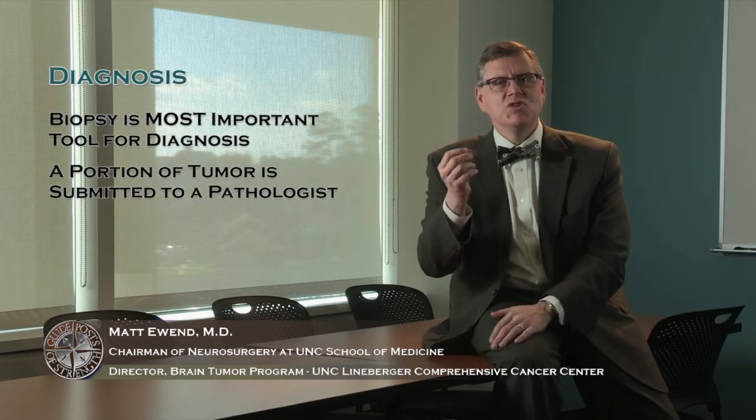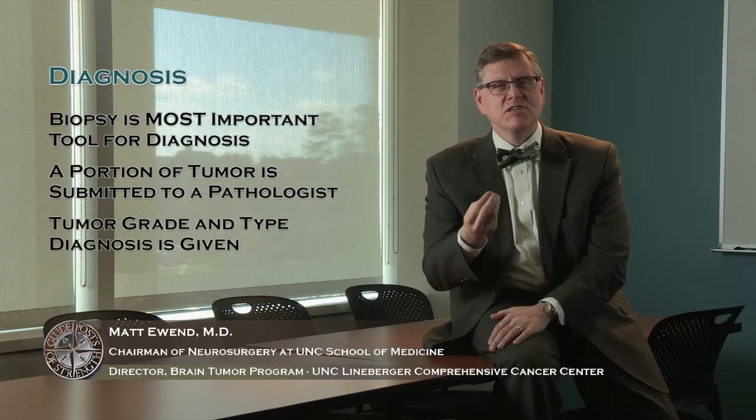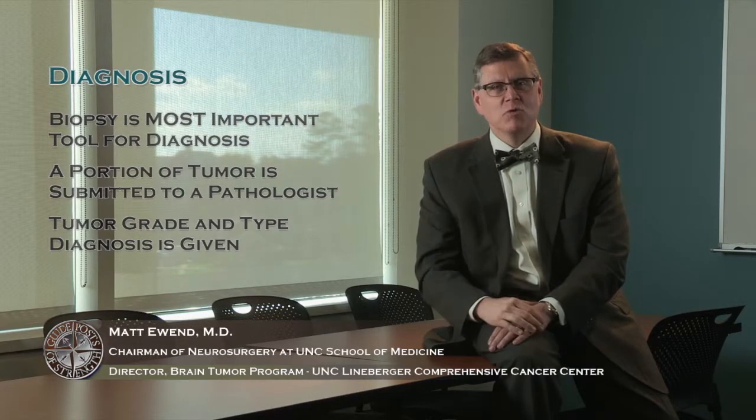The most important thing for getting a diagnosis of a brain tumor is to get some form of a biopsy or a tissue diagnosis. And by this we mean that a small or a large amount of the tumor is submitted to a pathologist who examines the tissue under a microscope, may look at the genetic makeup of the tumor, and then gives us a diagnosis as to exactly the type and grade of the tumor.